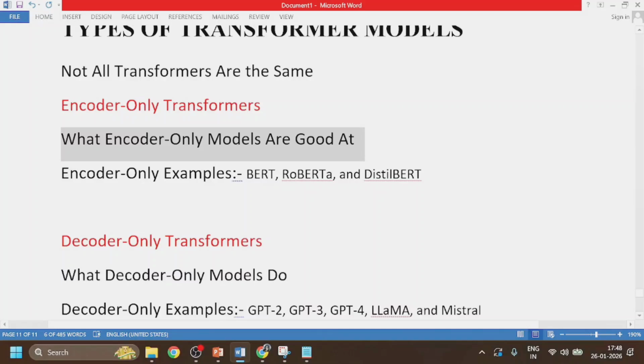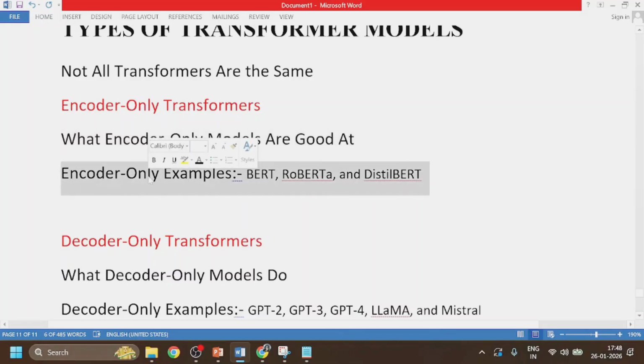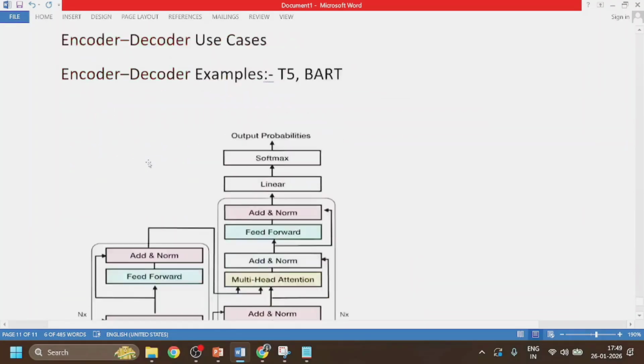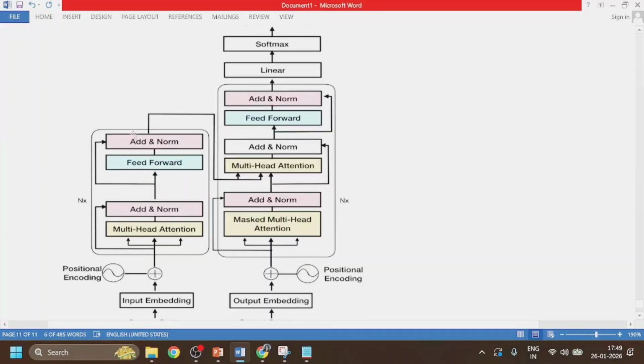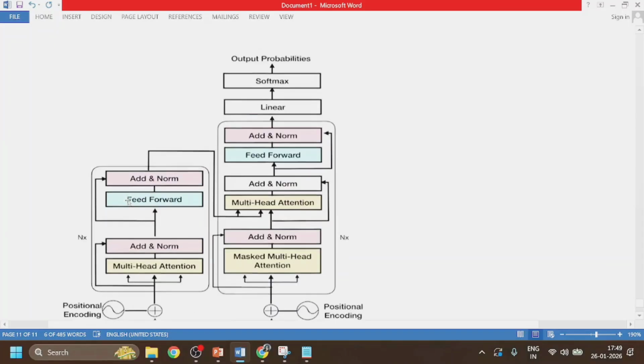Encoder only examples: BERT, RoBERTa and DistilBERT. These models read very well, but they don't write long text. And they use this part of the transformer, that is called the encoder only.